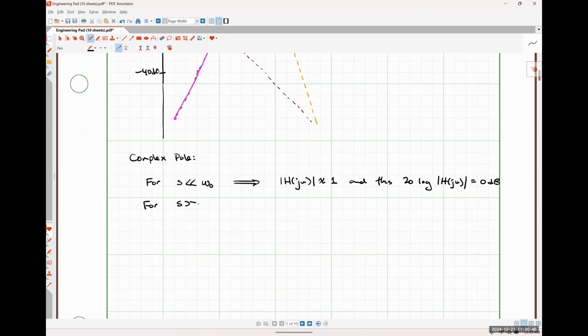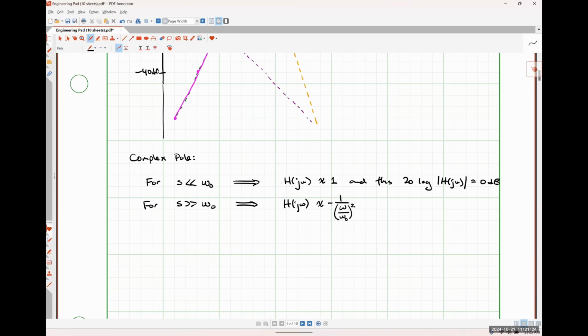For S much greater than omega naught, H of j omega is approximately equal to negative 1 over omega over omega naught quantity squared.